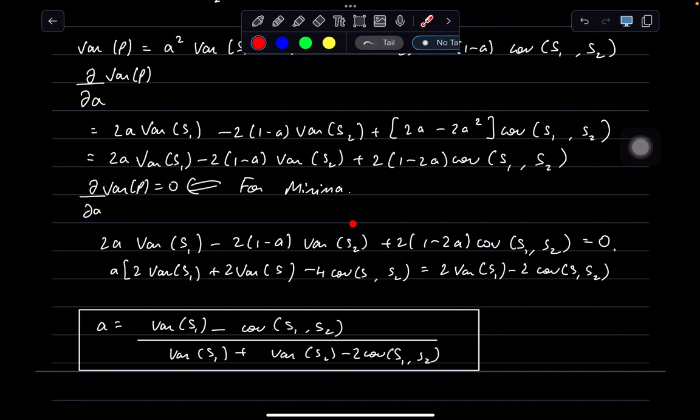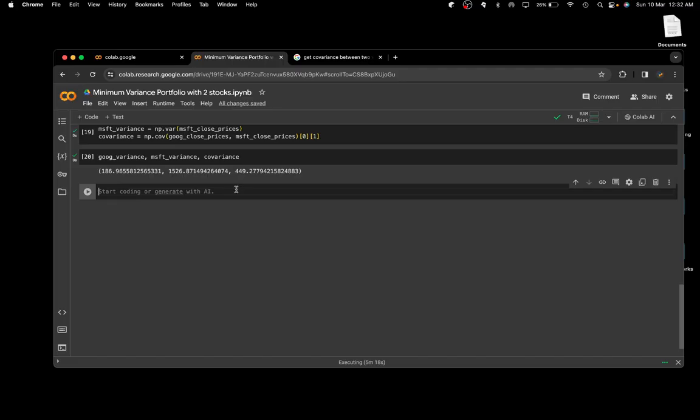So now we at least have an equation to work with, so we can now get the value of a. So a, which is going to be our Google weight, is just going to be, all right, I'm going to write the numerator and denominator quite distinctly. Usually whenever you're writing out large equations, it's always good to do stuff like this: Google variance minus covariance, divided by Google variance minus covariance.